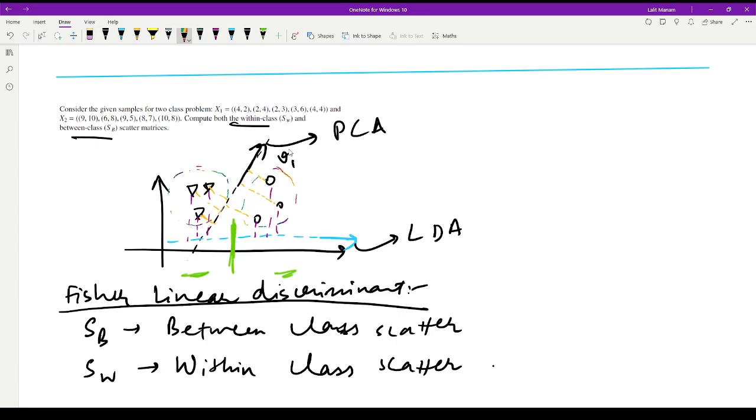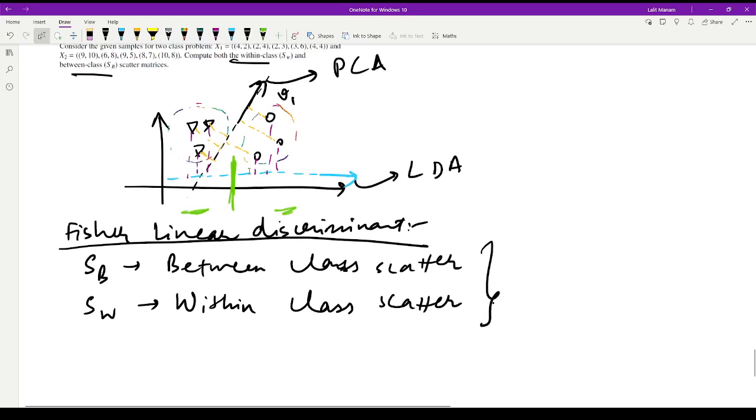Given these two assumptions, we define these scatter matrices, and based on those we can find the best direction in which the dimension can be reduced and our classes are well separated. Now since we are clear of the aim, we can directly use the formulas.